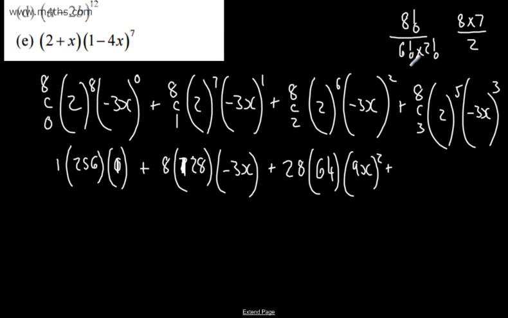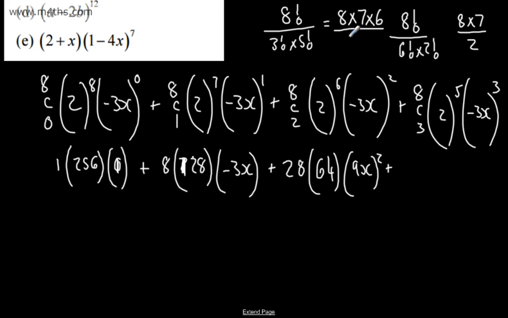On the next one, if we wanted to, we've got 8c3. We could, of course, work that out. It's 8 factorial over 5 factorial, 3 factorial. So if we wanted to do this, it's 8 times 7 times 6 over 3 factorial.